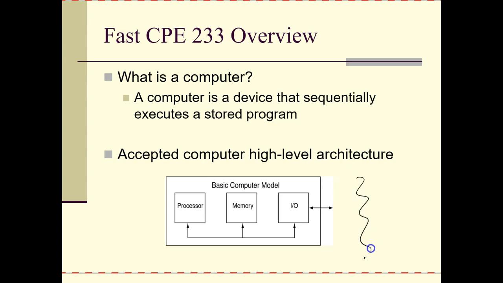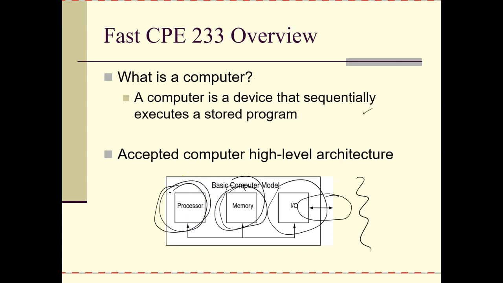This is the accepted super basic computer model, and it shows the 3 basic parts of the computer: a processor, which grinds the data; a memory, which stores data and particularly stores your program; and of course, a way to talk to the computer, your I/O. Data comes in to your computer, and the computer sends data out to the outside world.